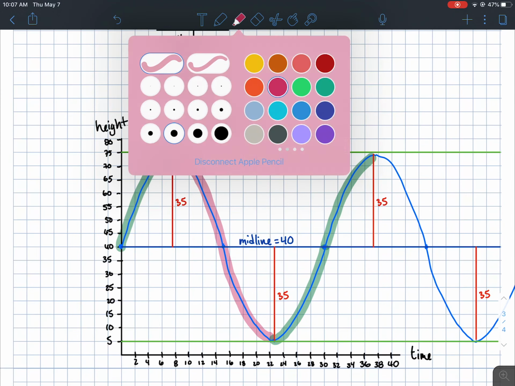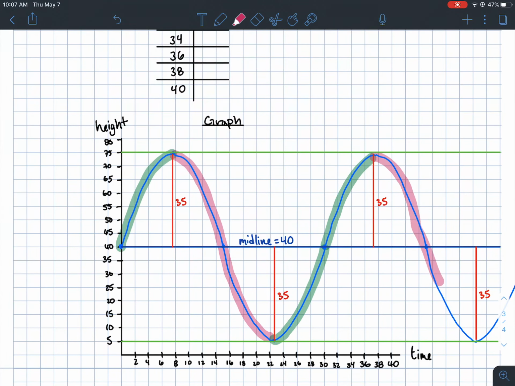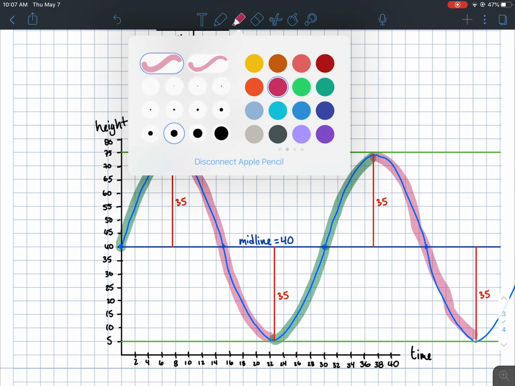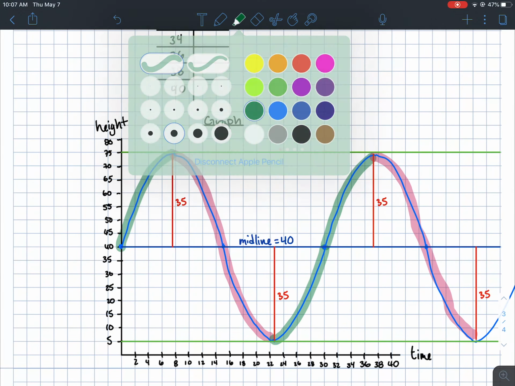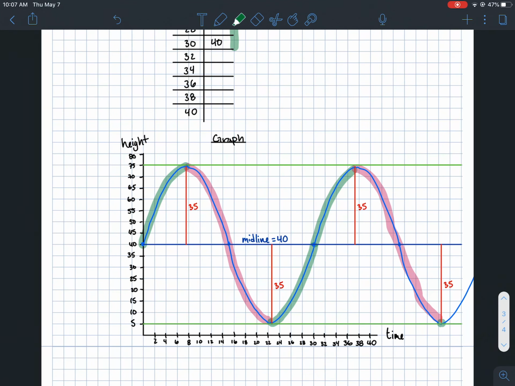Growing, decreasing, and then it starts to grow again. And so those are the key things we're looking for in our sine graph.